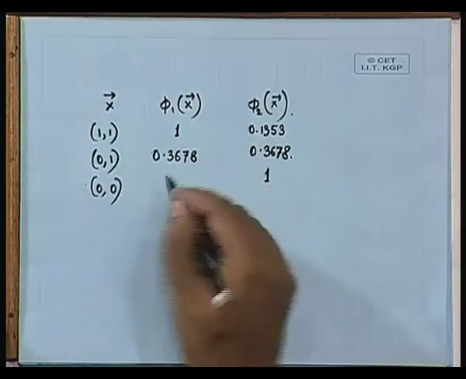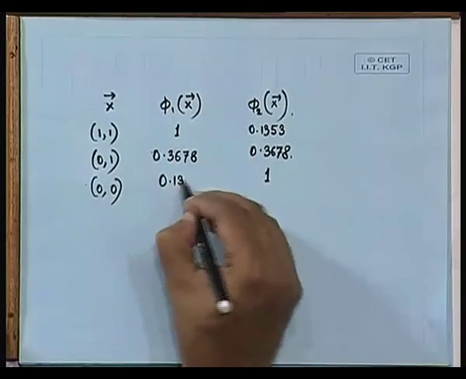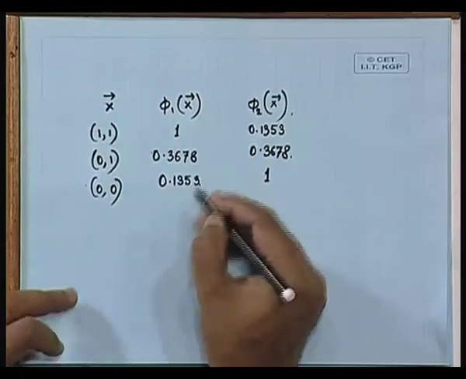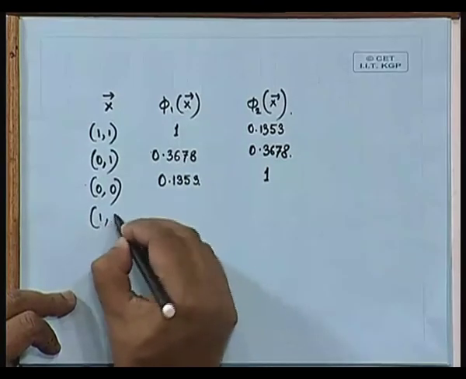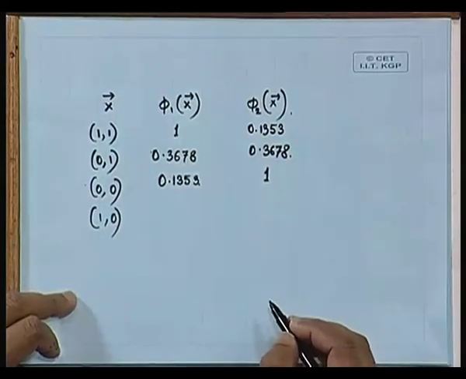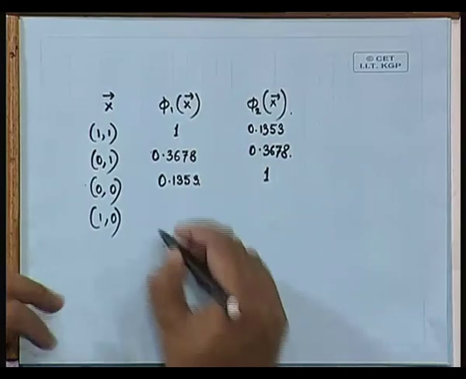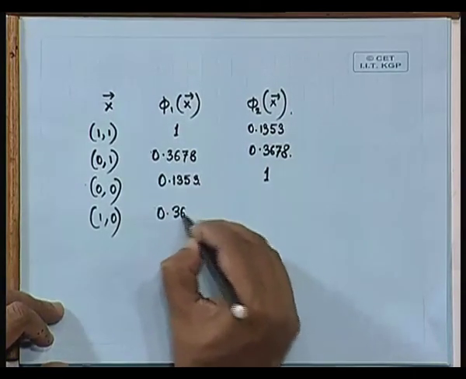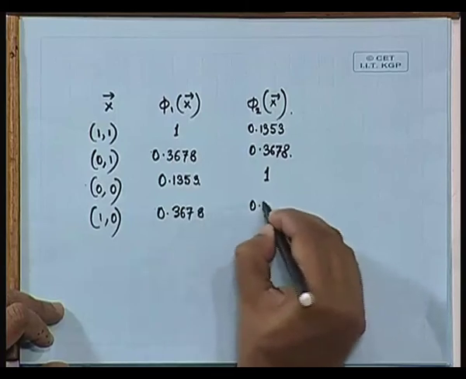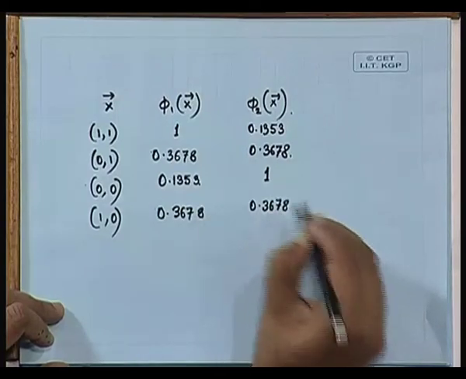So, the value of this will be 0.1353, and what will be the value of 1 0? Any guess? The same value that we had got for 0 1's case. So, that is 0.3678 and 0.3678, and now we plot.